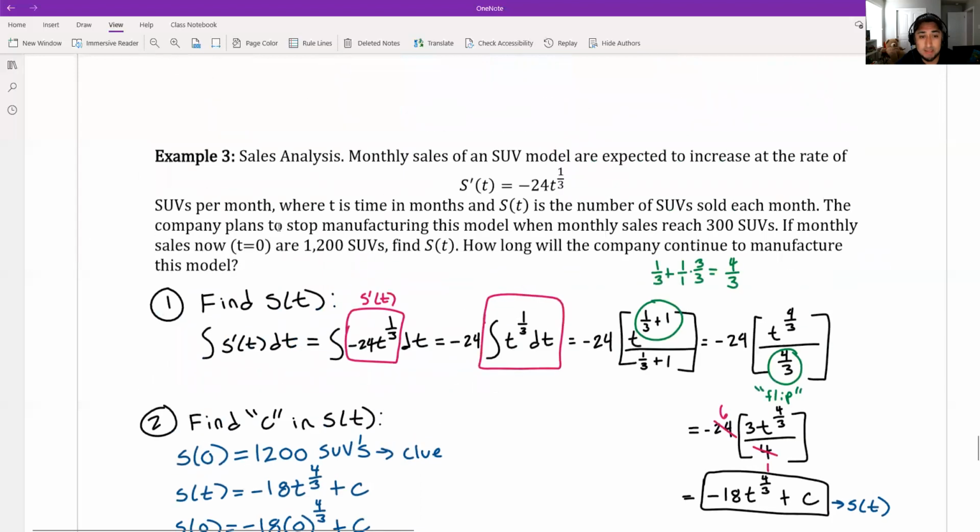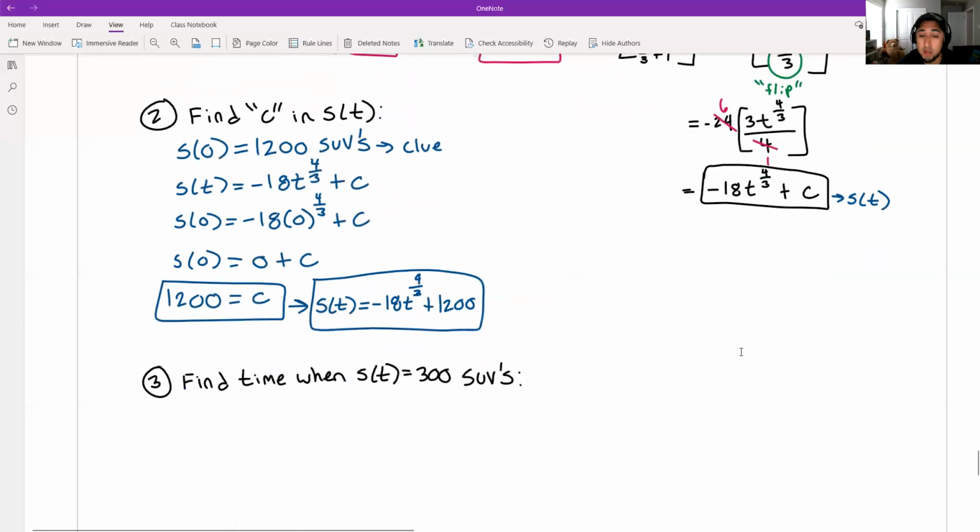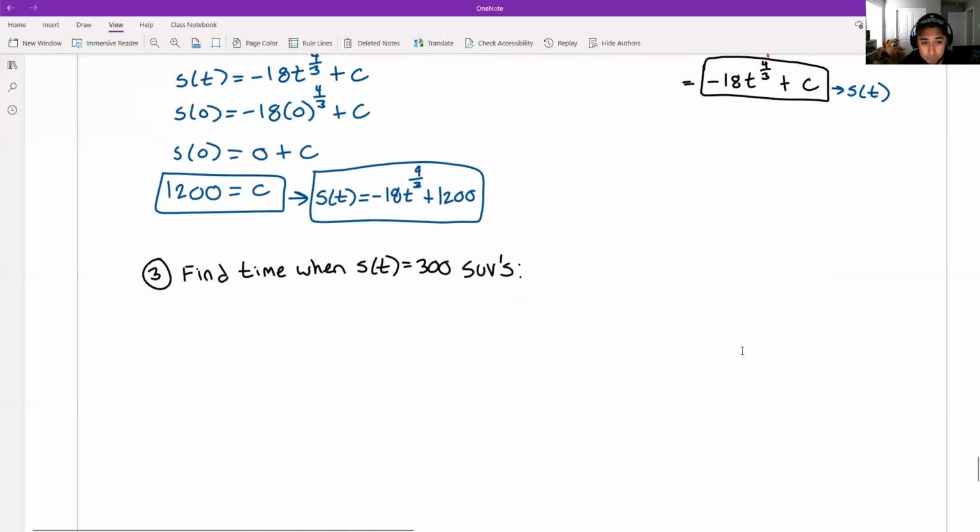So that's given above. It says the company plans to stop manufacturing this model when monthly sales reach 300 SUVs. And then it says how long will the company continue to manufacture this model? So we are looking for time when we hit 300 SUVs. So this means bring back our formula for S of t.